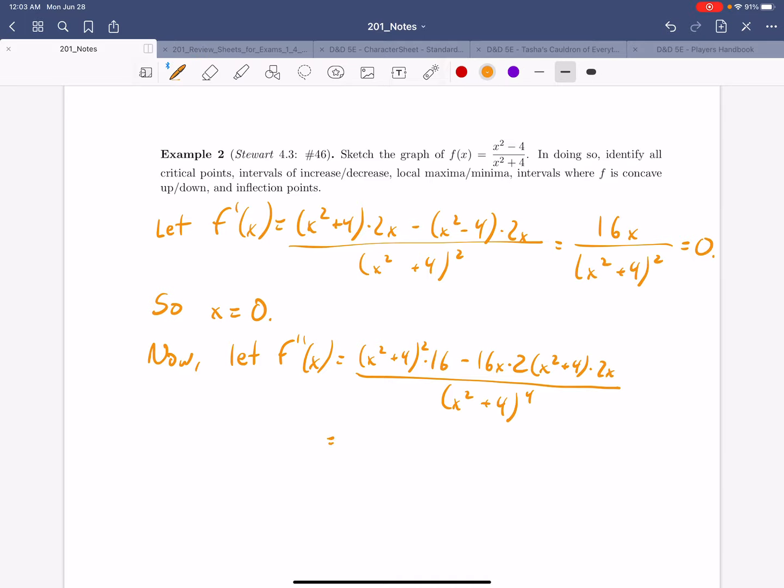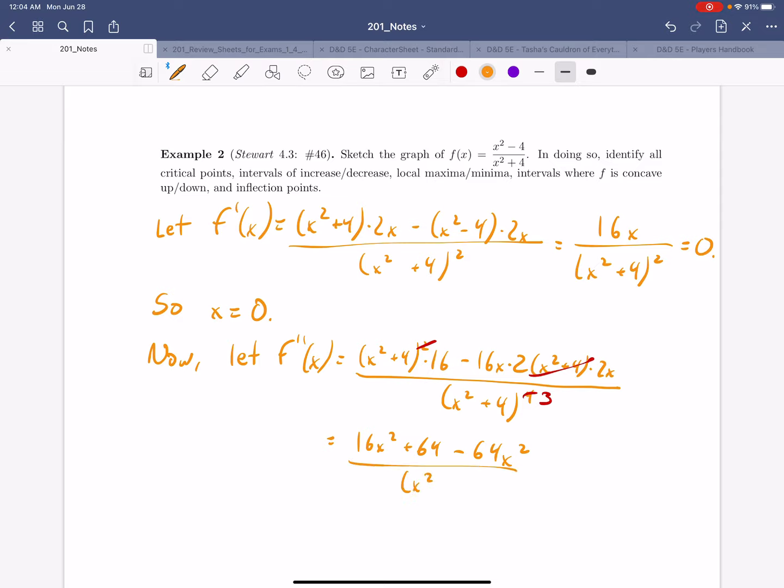So when we simplify it, first of all, note that we can knock off a factor of x squared plus 4. That's a nice thing we can do. And we don't need to worry about dividing by 0 or something, because remember, that can never equal 0. So when we multiply it out, we're going to get 16x squared plus 64 minus 64x squared.